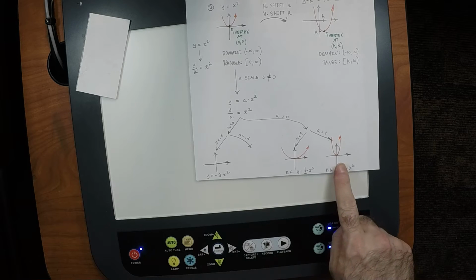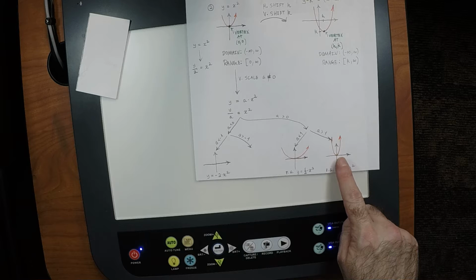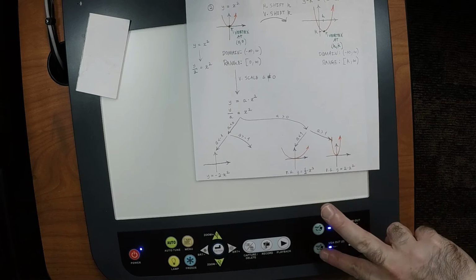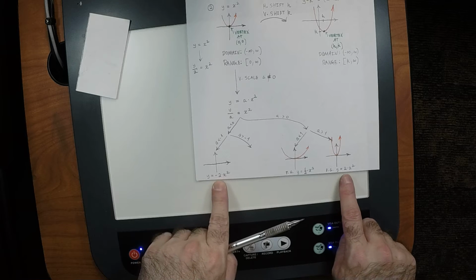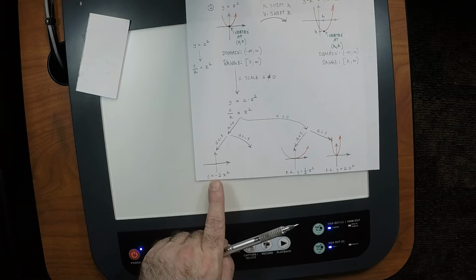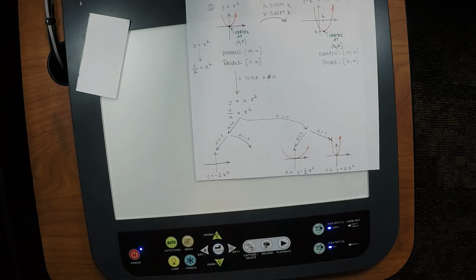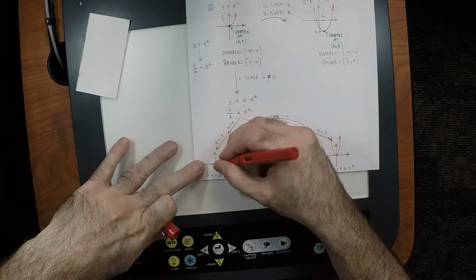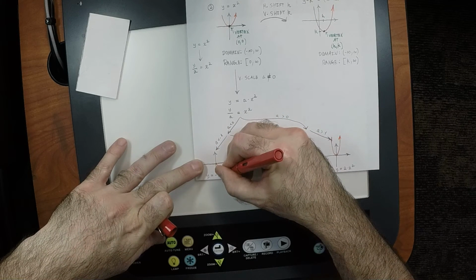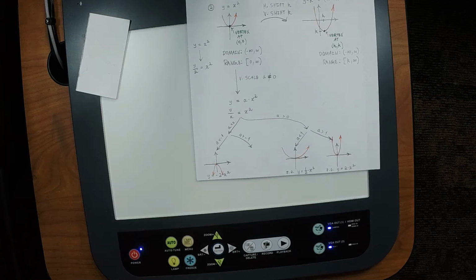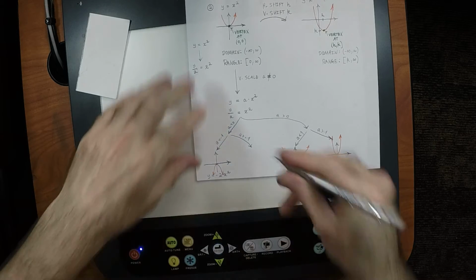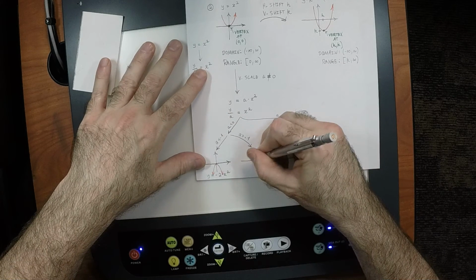Yeah, it's going to be just like that one, except flipped over. You can see that they're both 2x squared, but this one is negative. So it's going to look like this. So it goes down quite rapidly. And then this one's still going to go down.